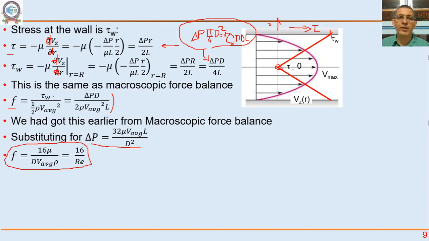Now you see the beauty of Navier-Stokes equation. Using Navier-Stokes equation, we have been able to get friction factor as 16 by Re without doing anything. We only had microscopic force balance. Only based on that, we got friction factor as 16 by Re.